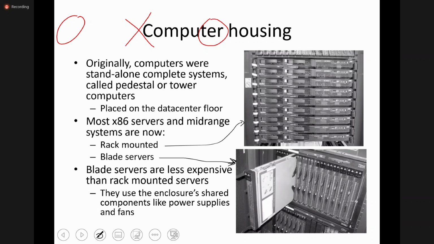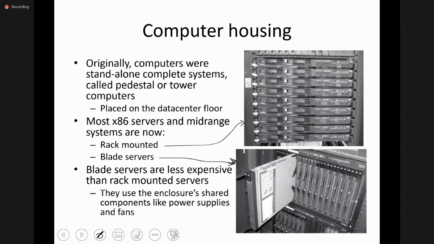To store the servers in the data centers, to save the data, there are two classifications, and focus on that one. This came in the exam several times. There are two different types of installation for the servers, x86 and mid-range systems.